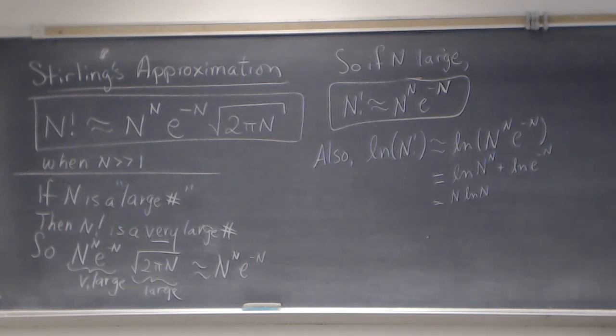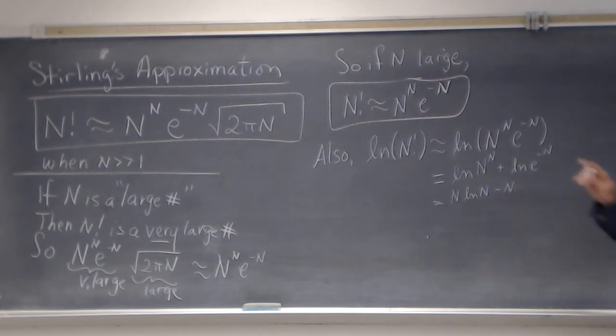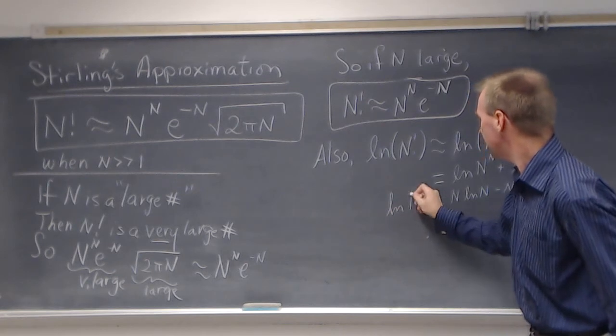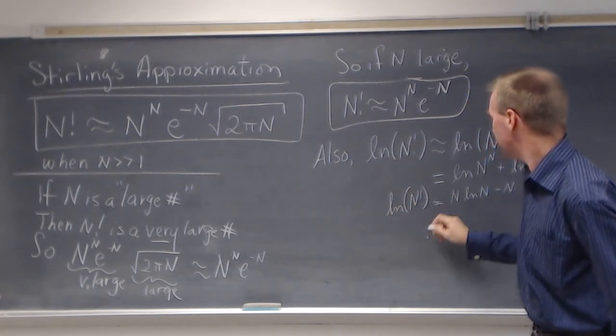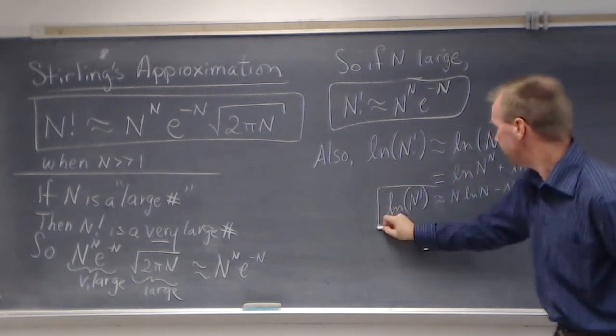Well, log of e to anything, natural log, is just that exponent. So we have n log n minus n. Make sure I've got that right. Yes. And this is really still an approximation, so I'll put that in there.